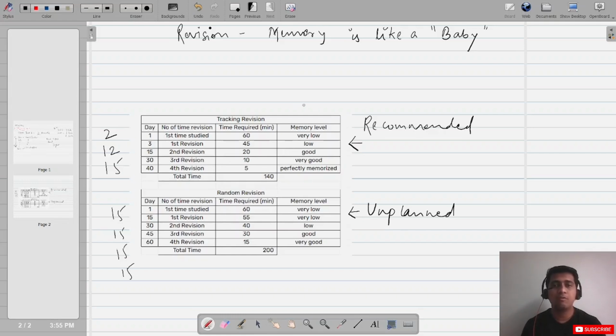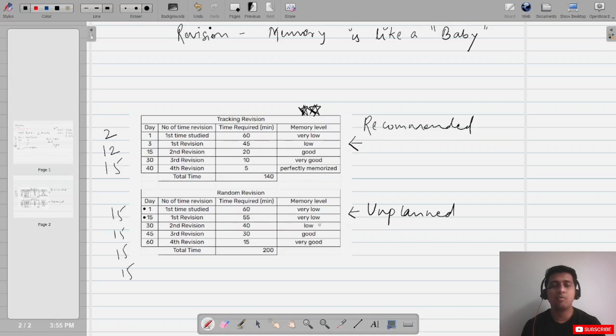So there is a benefit for memory: you eventually end up memorizing, which is not happening in random revision. Because you have studied it the first time, and if you study it again after 15 days, you have almost anyway forgotten it, you haven't remembered anything. So even after reading on the first day, then coming back to it on the 50th day, it's almost like a first revision.